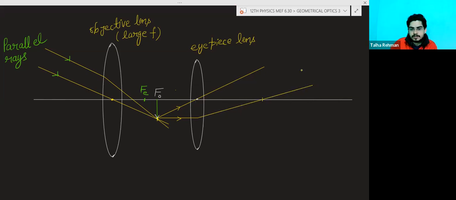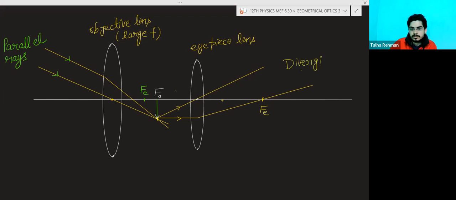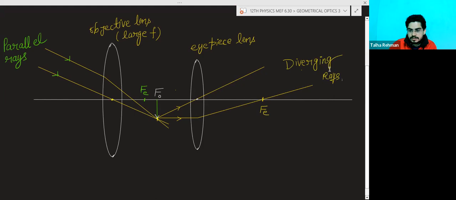So here will be the focus of the eyepiece, second focus of the eyepiece. Both these rays are diverging rays, and you will produce these rays in the backward direction and you will get the image.